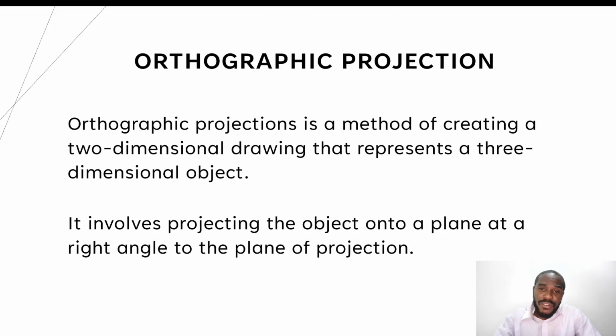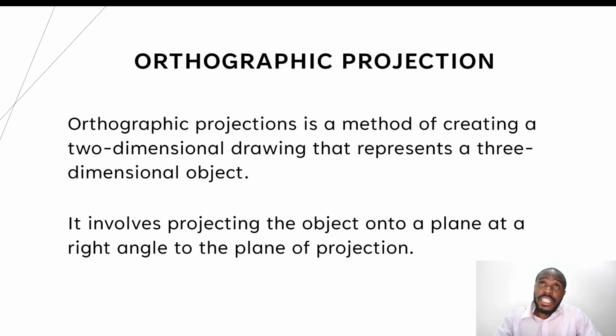Now in orthographic projections, we look at different faces, different viewpoints of that object, and draw what we see, the two-dimensional form or profile that we see. Okay. And when you have 2 or 3 of such profiles, it's very easy to imagine or to generate what the three-dimensional object represented by the two-dimensional drawing is.